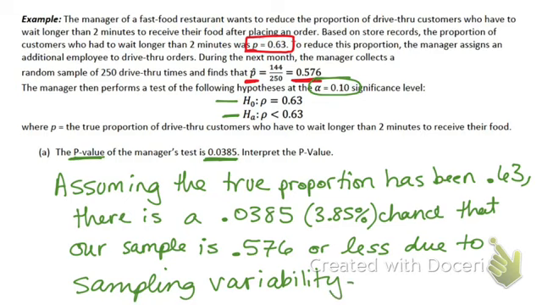Assuming that the true proportion has been 63%, there's basically a 4% chance that our sample was sampling variability. That means that there's basically a 96% chance that there was actual difference made. Now, the threshold for convincing evidence is 0.1 or 10%.